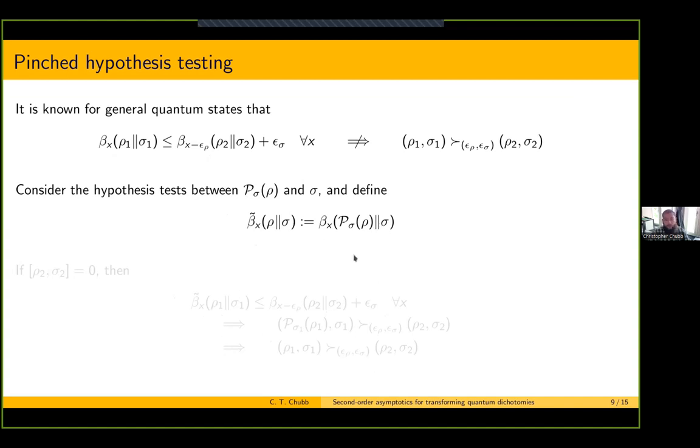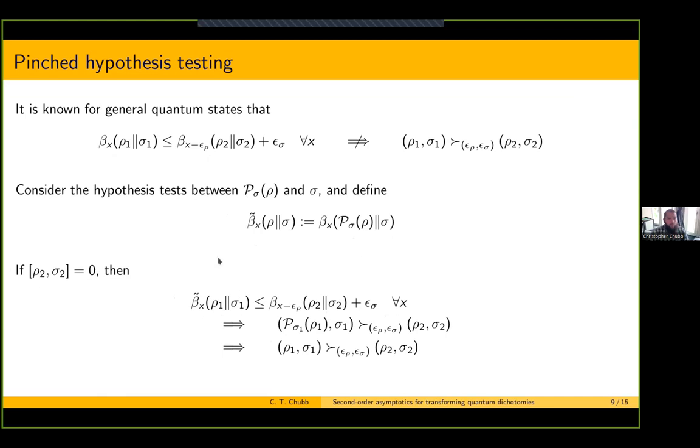It's now not symmetric, but that's okay. I pinch the first state, and for the second state I just assume that they commute. In all of our results, we required that they were commuting. So if I have the pinched type 2 error here, and the same expression from before, well, now this commutes because of pinching, this commutes by assumption. So that implies this Blackwell ordering on the pinched guy.